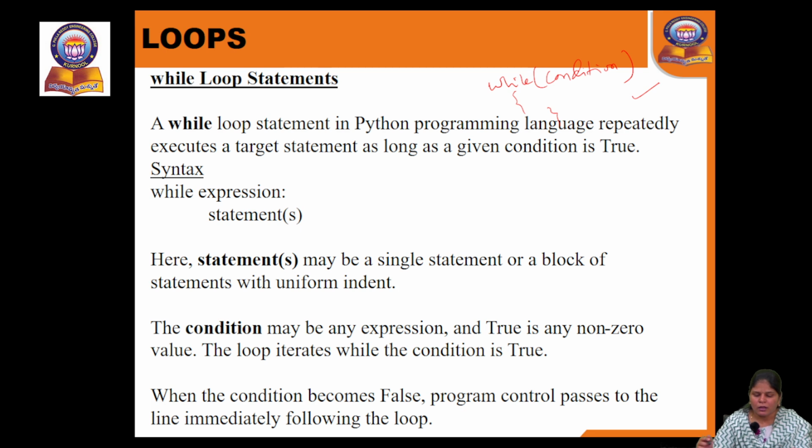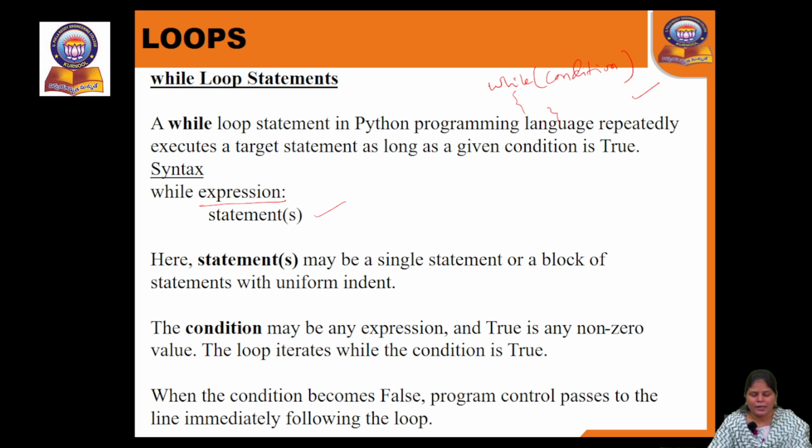Here the while loop statement in Python programming language repeatedly executes the target statement as long as the condition is true. So after while we write the expression. The expression may be the condition. If you want, you can even specify an expression, and based upon its evaluation, whatever output you get, the set of statements will be executed.